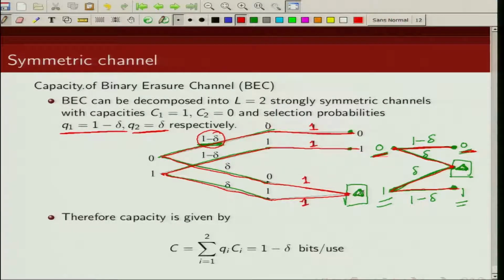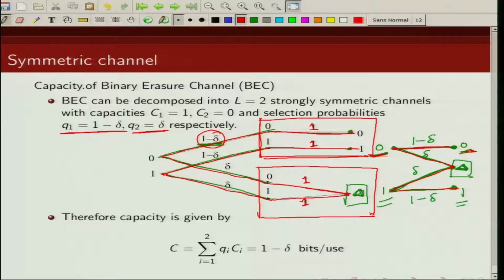Now, what is the capacity of this channel? This is a strongly symmetric channel, and we can easily see the capacity of this channel is 1. What is the capacity of this other channel? The capacity of this particular channel is 0. We already know the expression for the capacity of a strongly symmetric channel, so just plug in the values.